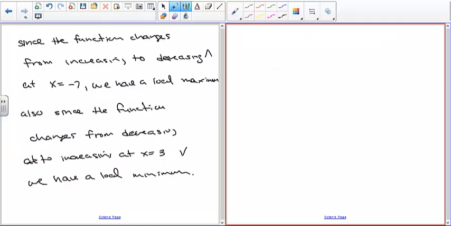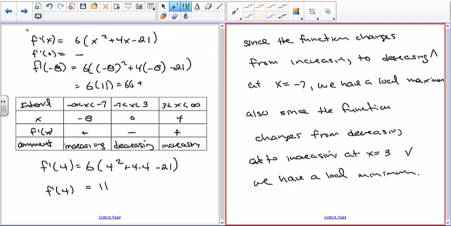Okay, the next one asks some questions about points of inflection. So to talk about points of inflection, you need to look at the second derivative. So we take the first derivative, and you have to make sure that you don't lose the sign information here.